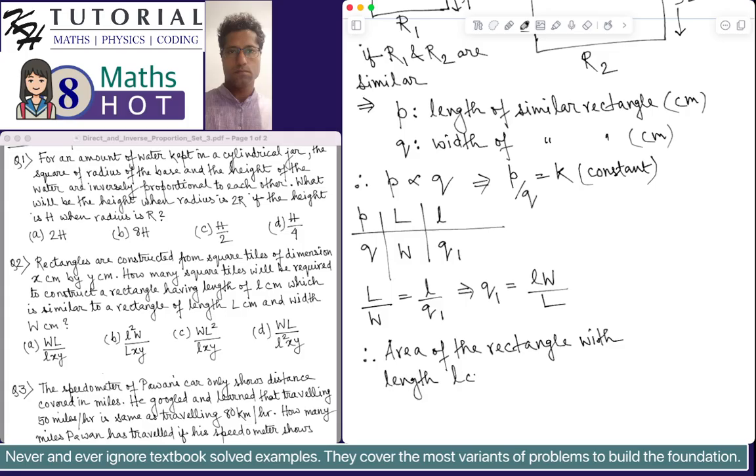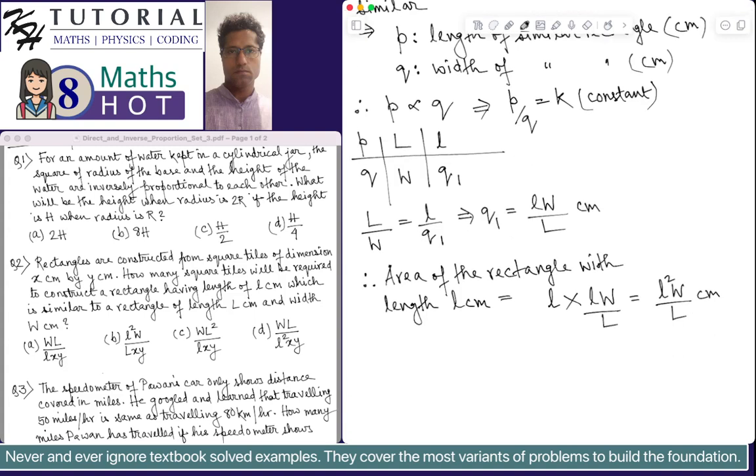The area of the rectangle with length small l centimeter will be equal to its length l times its width, which we have found to be lW by L, which is equal to l square W by L. Sorry, this is area, so this will be square centimeter.